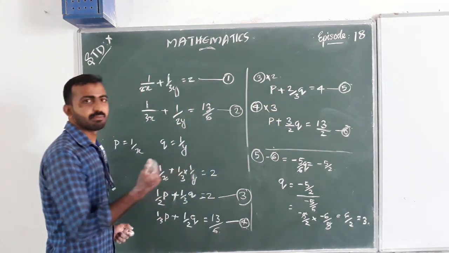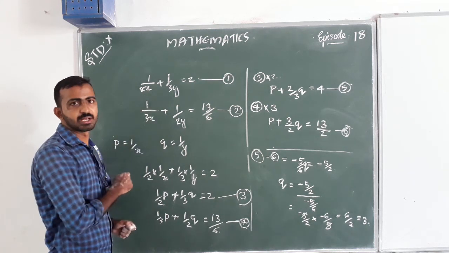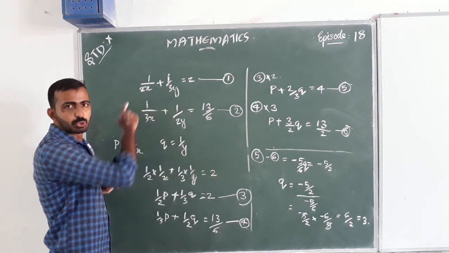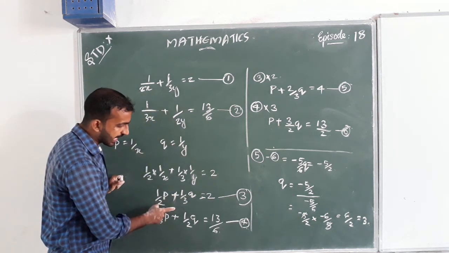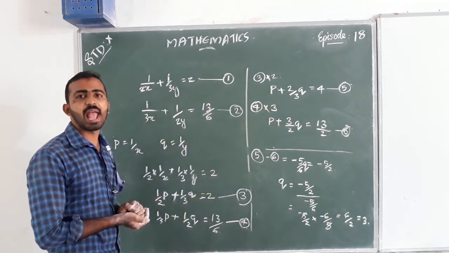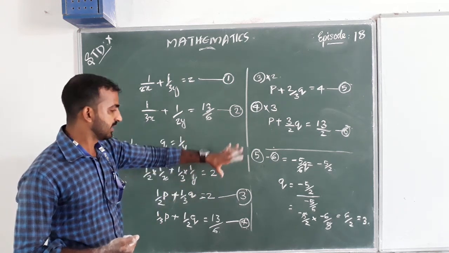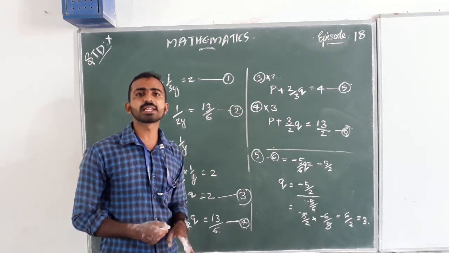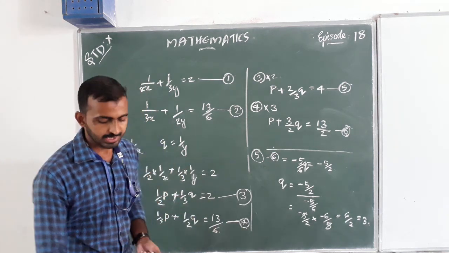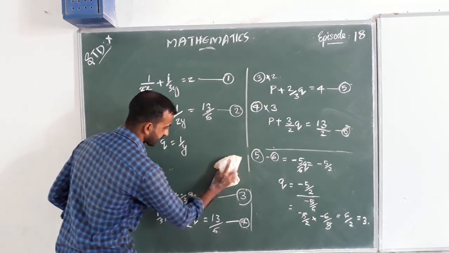Why didn't we take equation 1? Because here there is no P term. In equations number 3, 4, 5, 6, there are P and Q. So we put the value of Q in these 4 equations, then we get the value of P. We take equation number 3.